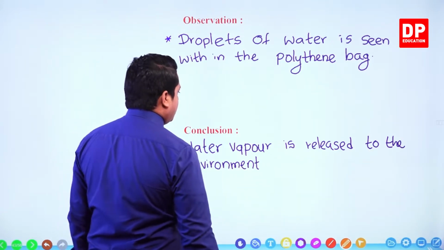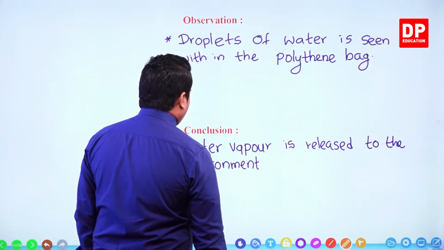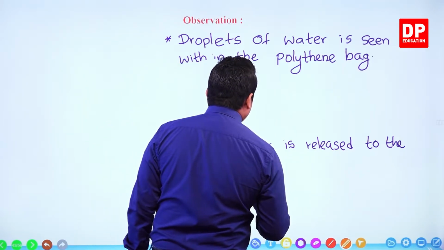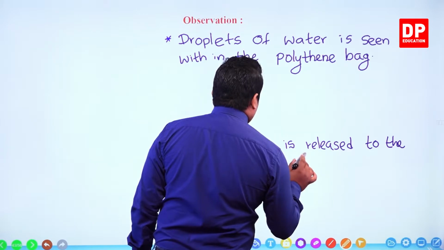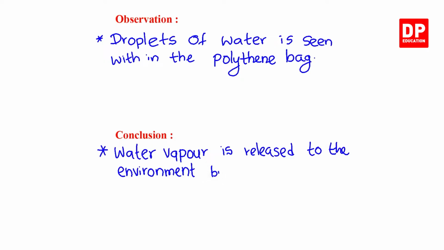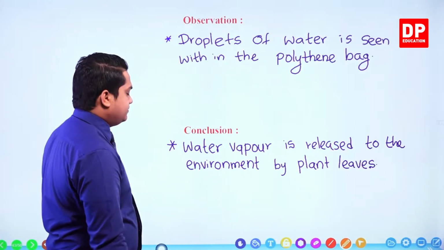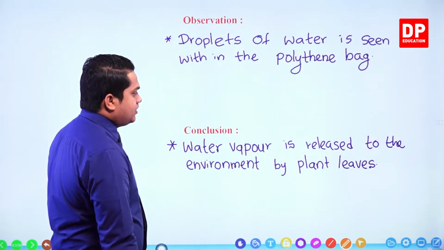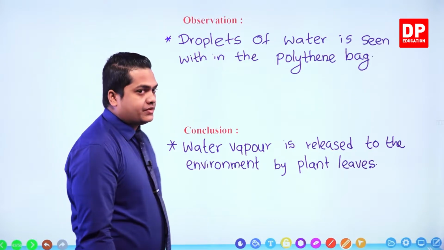Water vapor is released to the environment by plant leaves. This is our final conclusion from the activity, right?